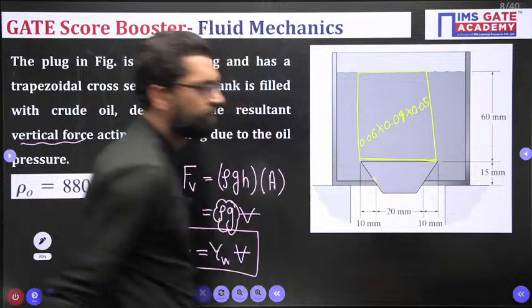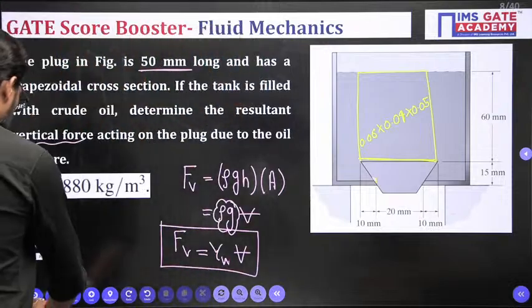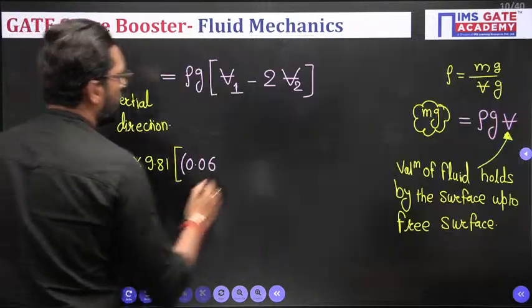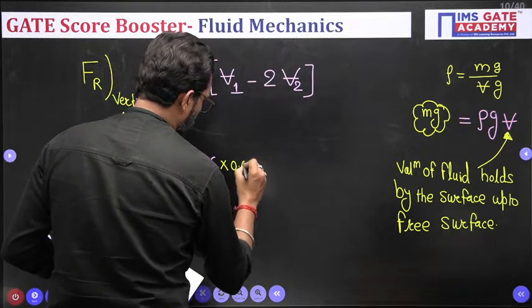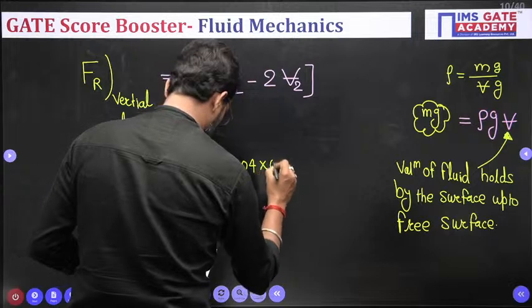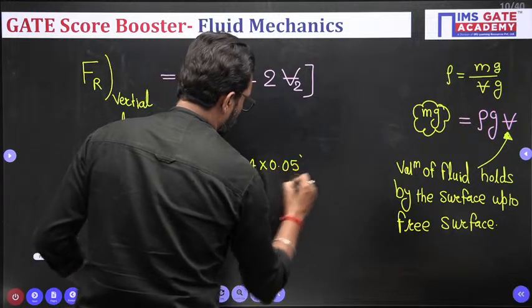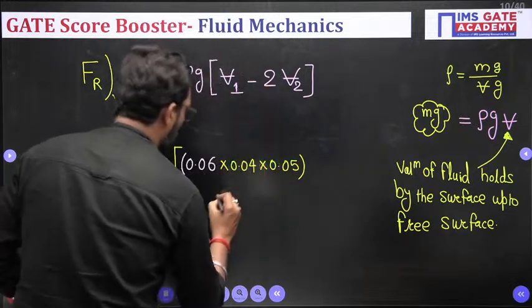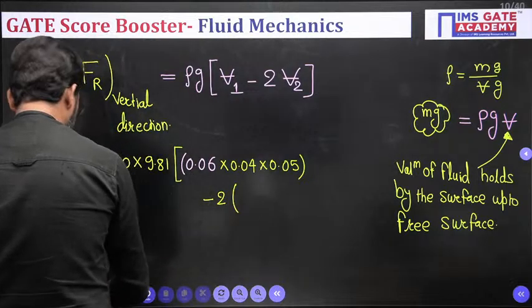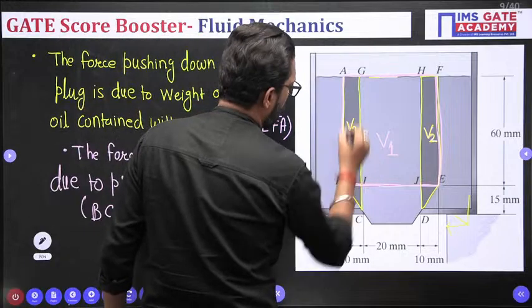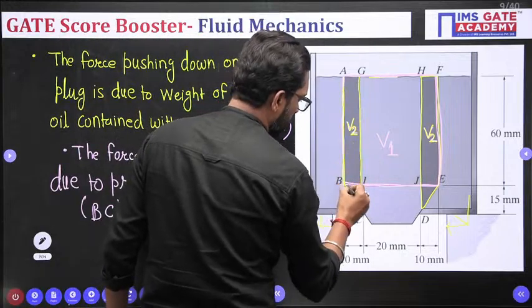This is your volume. So this is your total volume minus 2 into the volume of this one, V2.